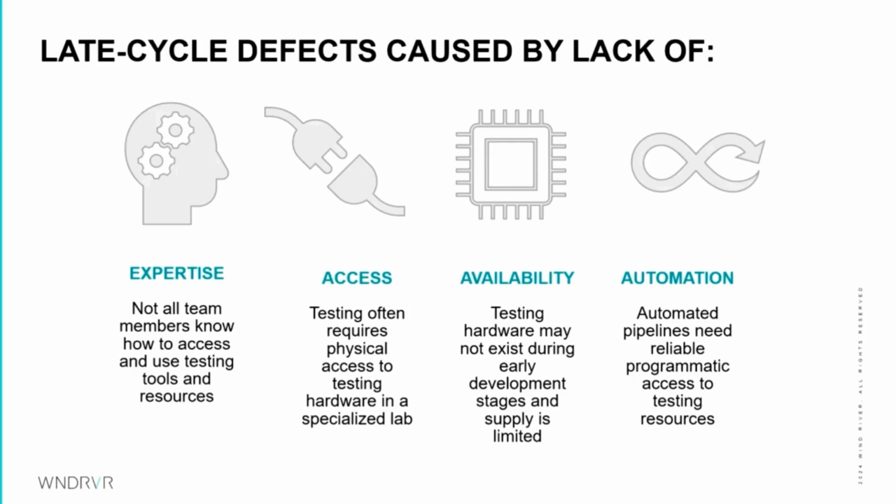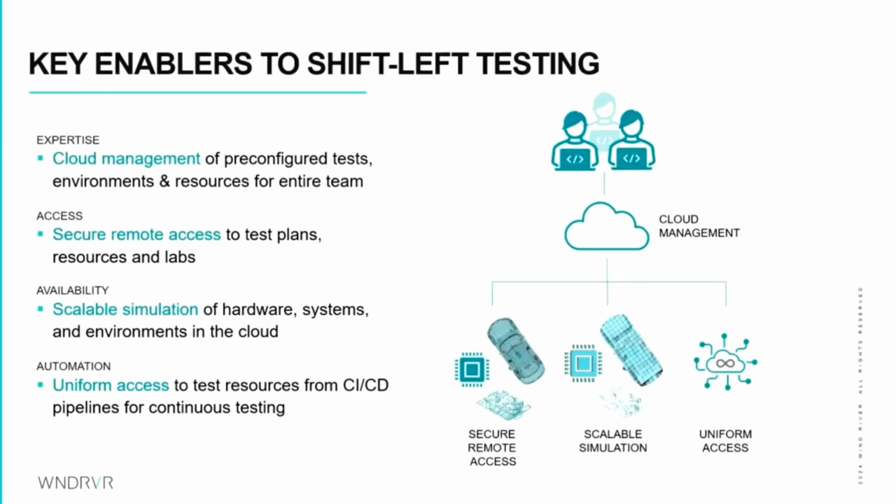So, having identified these critical challenges, our focus now shifts to exploring key enablers to shift left testing. And in the next session, we'll discuss strategies and tools aimed at preemptively addressing these issues, optimizing development processes, and enhancing product quality. Let's shift gears and talk about catching bugs early.